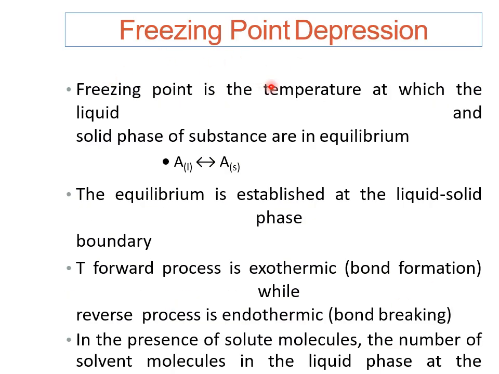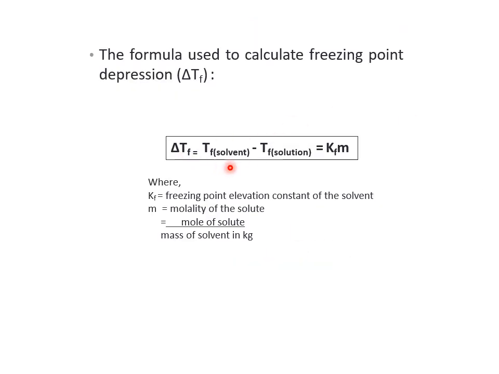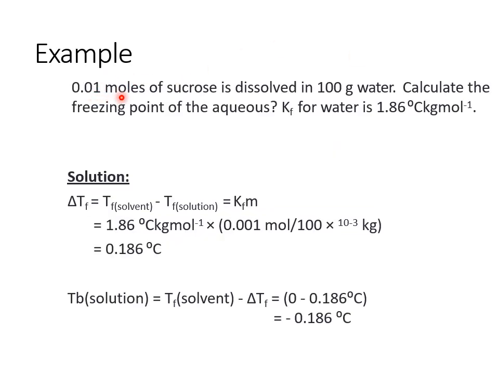For freezing point depression, the freezing point is always depressed, meaning it decreases. The freezing point is the temperature at which the solid is in equilibrium with the liquid. The formula is ΔTF equal to TF solvent minus TF solution, which is equal to KF times m. KF is the freezing point depression constant, and molality is the moles of solute over the mass of the solvent in kg. For example, 0.01 mole of sucrose dissolved in 100 grams of water.